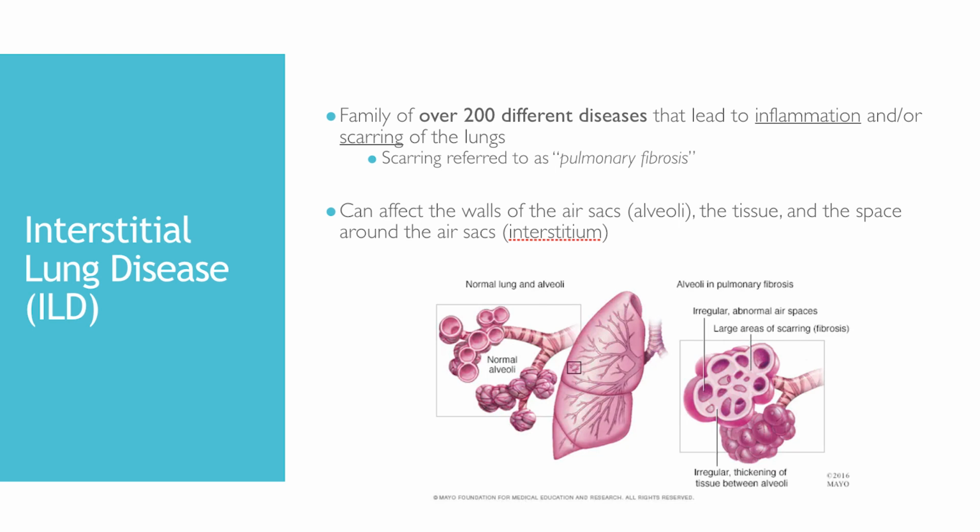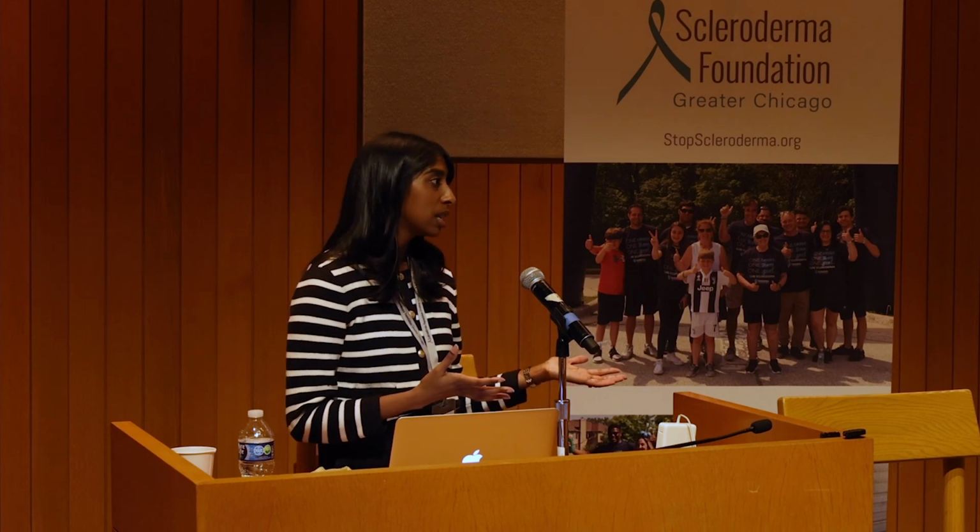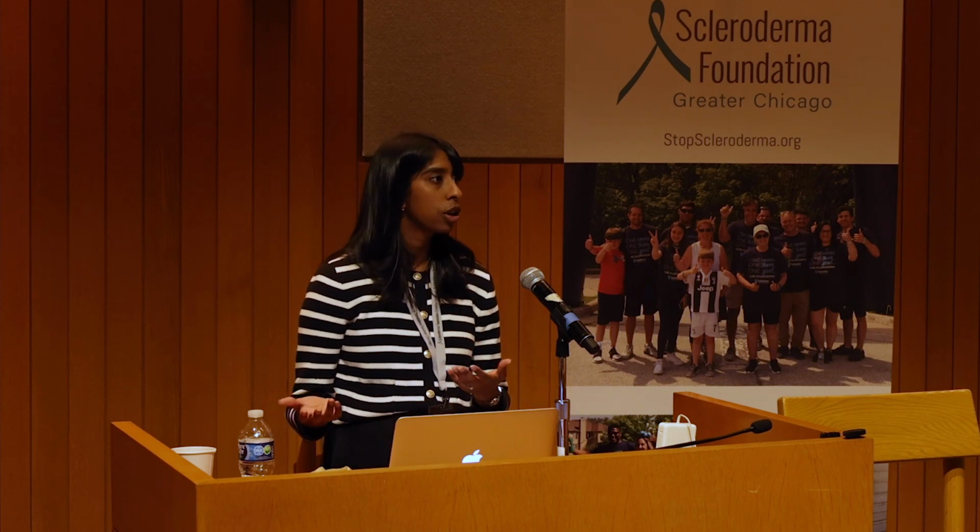And people use those three words interchangeably to mean scarring of the lungs. Those two different underlying words, inflammation and scarring, represent what I like to call different flavors of interstitial lung disease. A patient might have predominantly inflammatory disease, they might have predominantly fibrotic disease, or you can have a combination of the two.